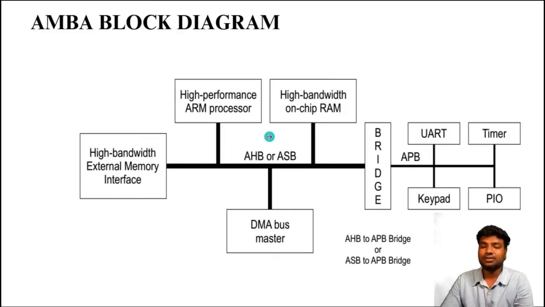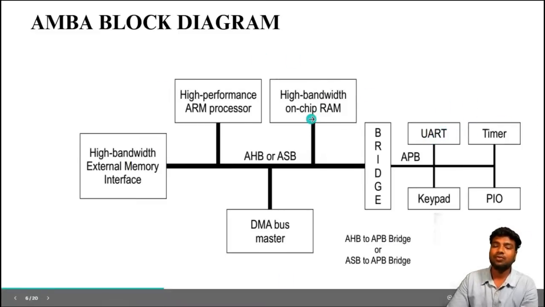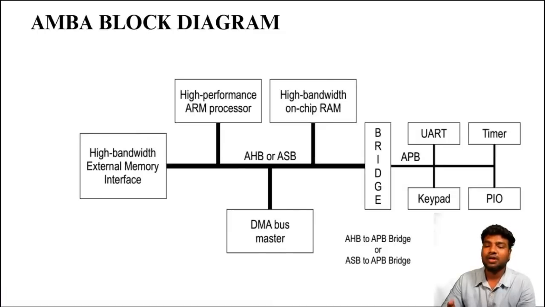If you take an ARM processor and a bridge, this bridge acts as an AHB slave, and the ARM processor acts as an AHB master. So this is the AHB master, this is the AHB slave. Here the bridge is an APB master, UART is an APB slave. This is how on the chip they communicate with these AMBA protocols.